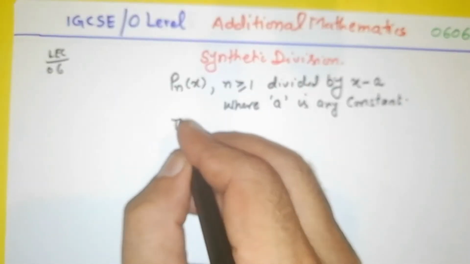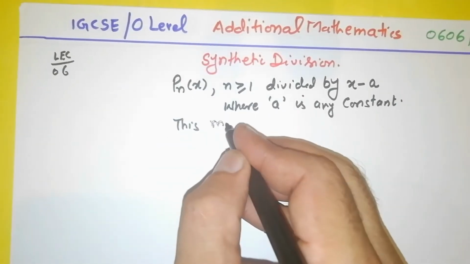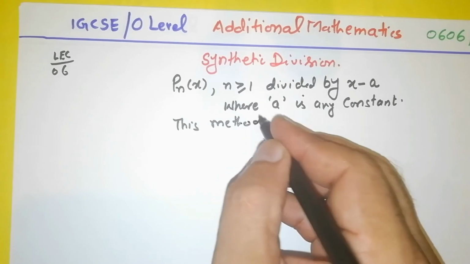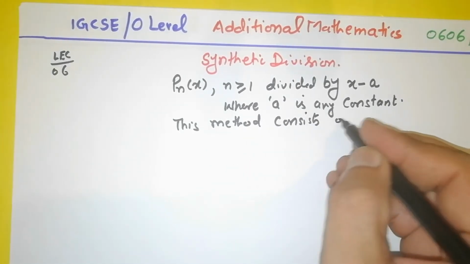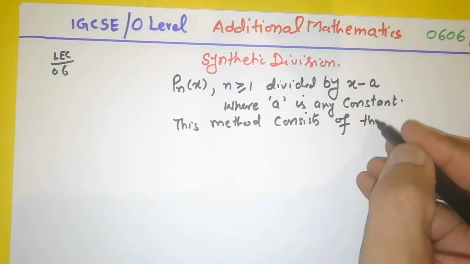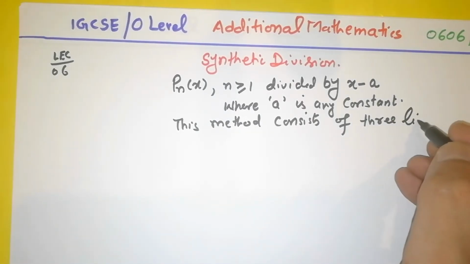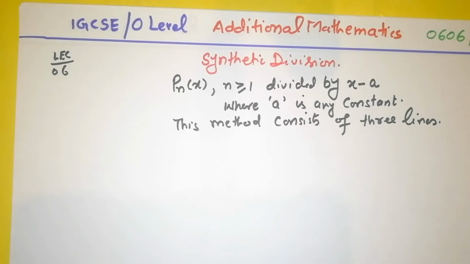This method consists of 3 lines. What do we write in the first line?